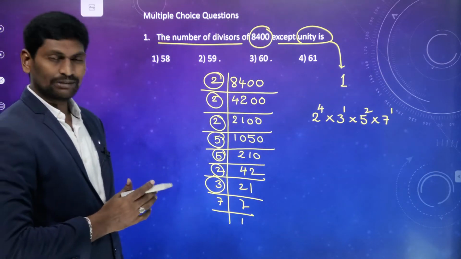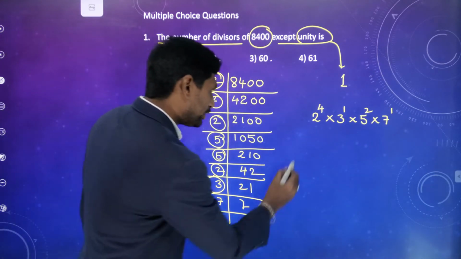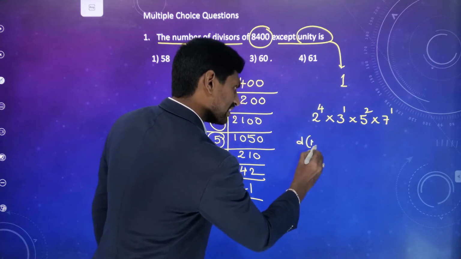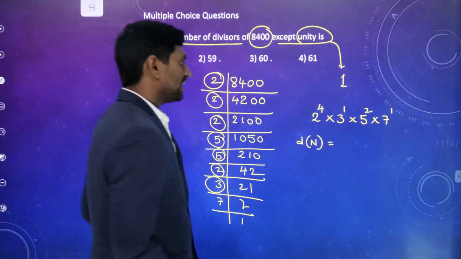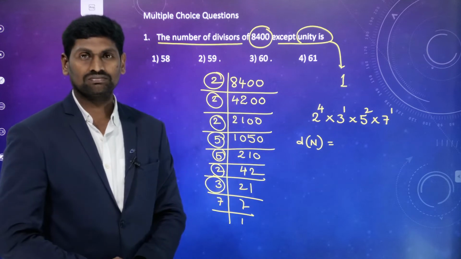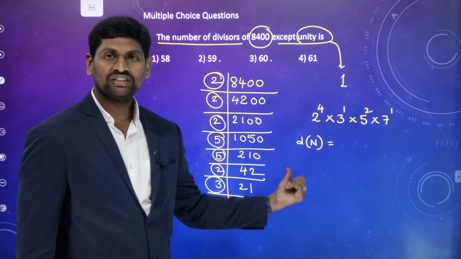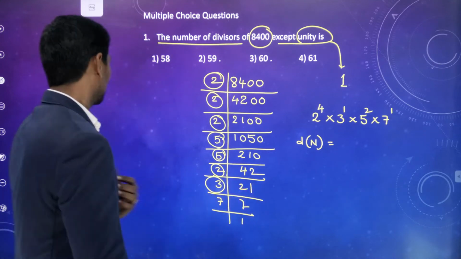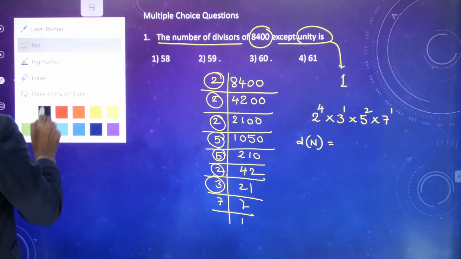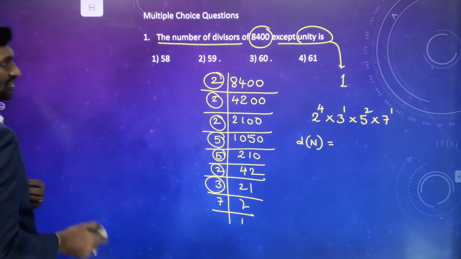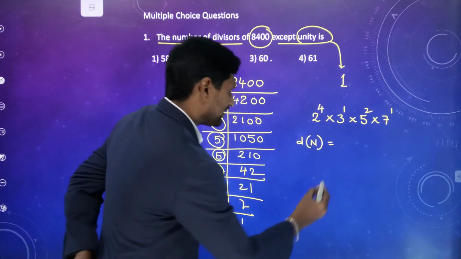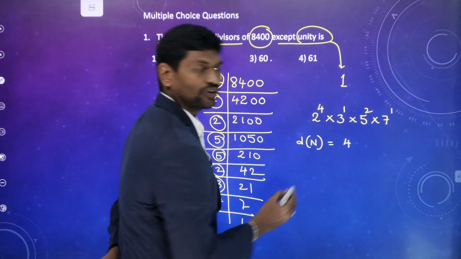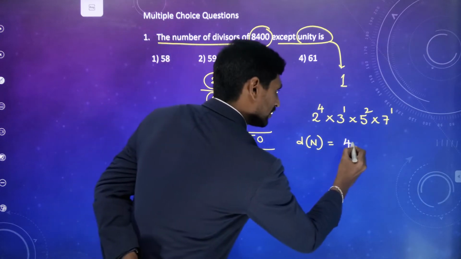So once we get the prime factorization, we need to find the number of divisors of a number. D of n, divisors of a number. How to take? We are using only exponents. First prime number exponent 4. 4 plus 1.